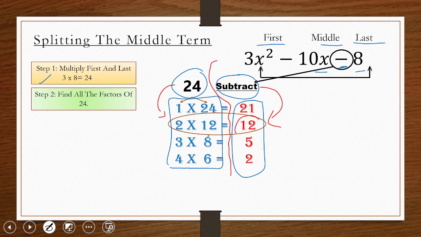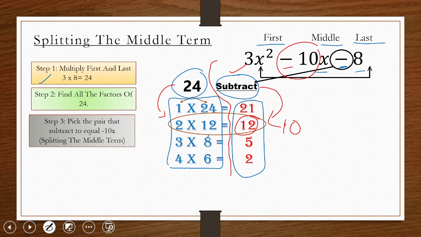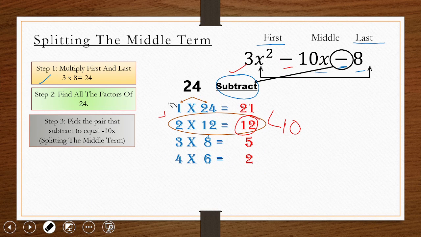Sorry, I am mistaken, it should not be 12, it is 10. Okay, 12 minus 2, because subtraction is written, so 12 minus 2 is 10. So we got the term 10, but it is written minus 10, so we pick the pair that subtracts to equal minus 10. We have to take the pair which gives us minus 10.